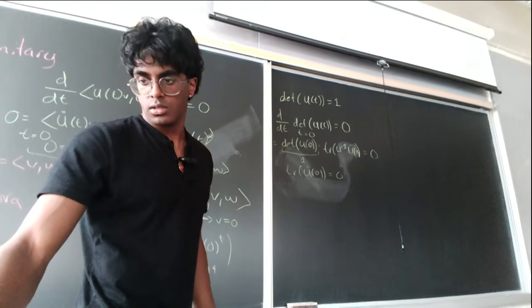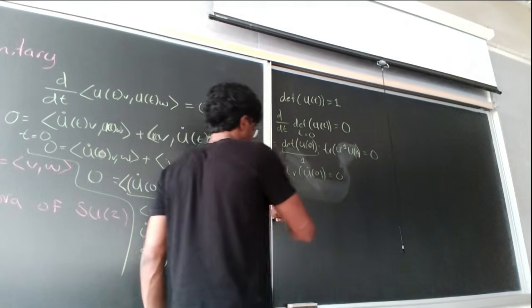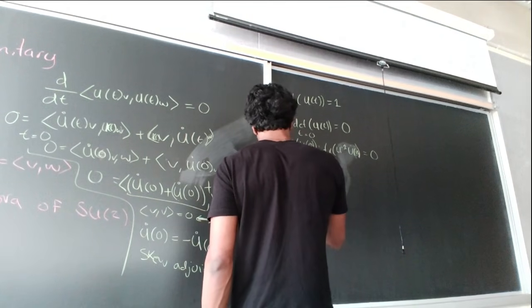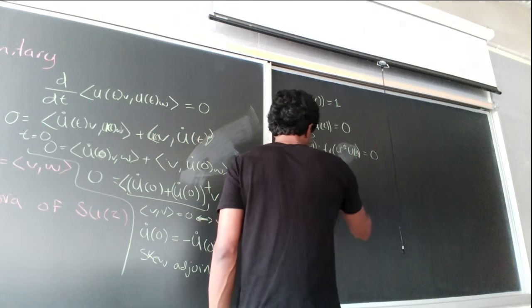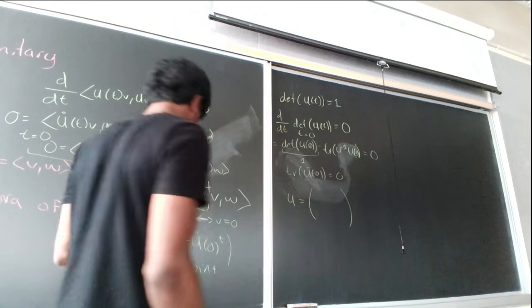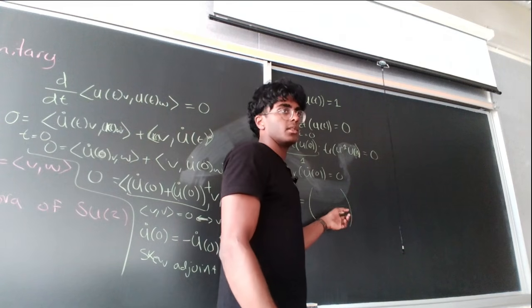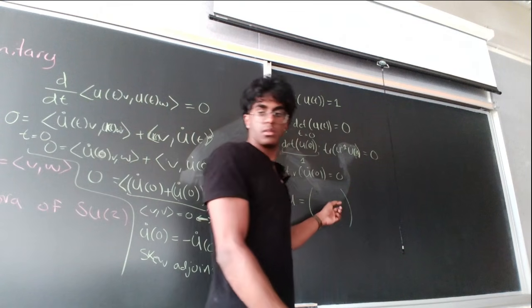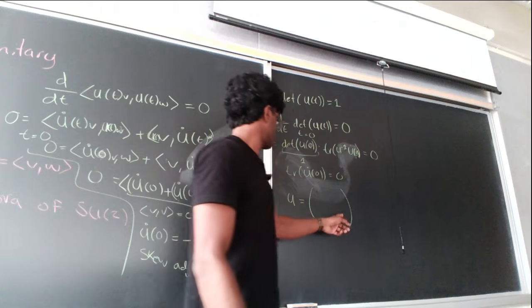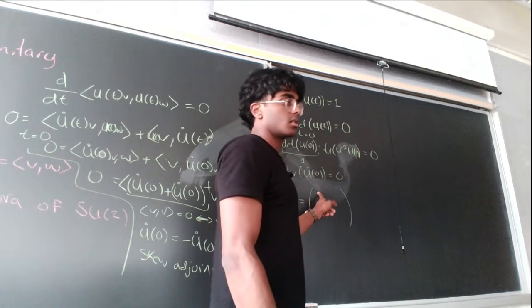Okay. So now, if we look at what the matrix would have to look like, we know that since it's skew adjoint, the two diagonal entries have to be purely imaginary. And also, this needs to be the negative of this.